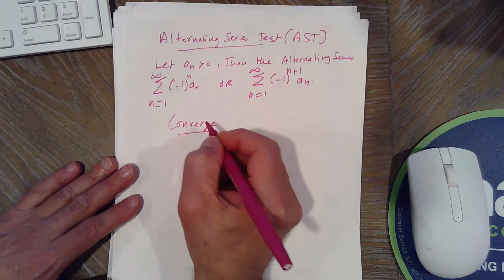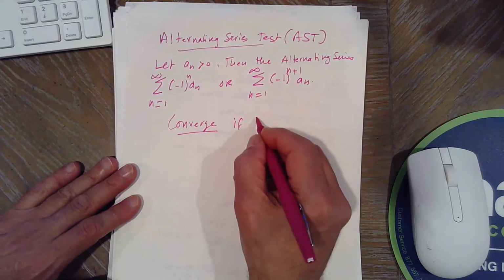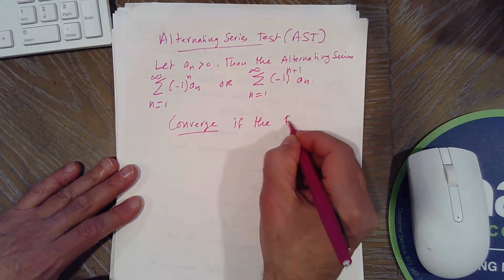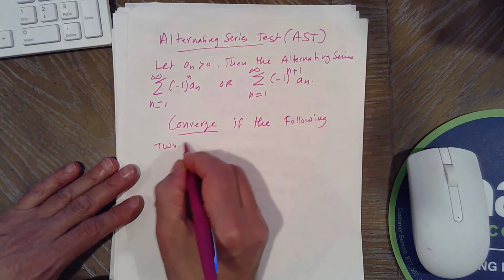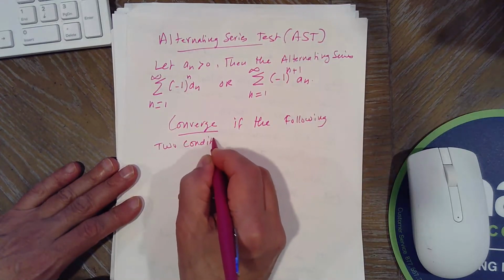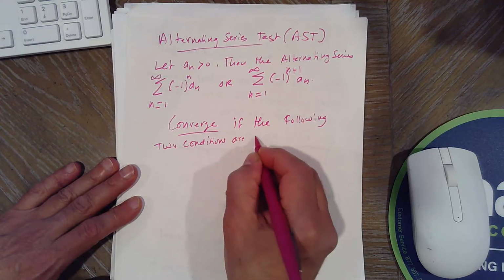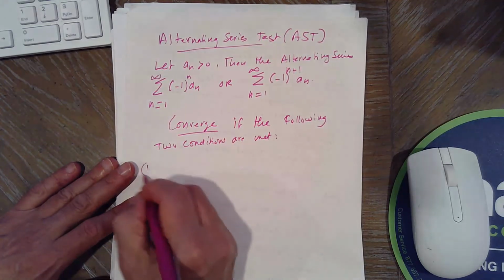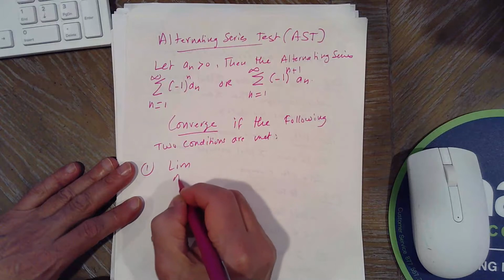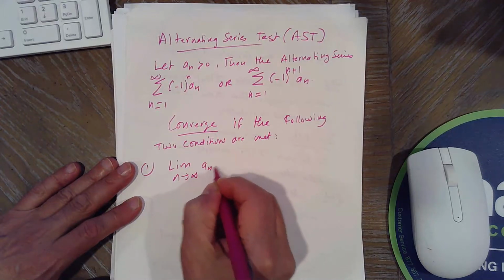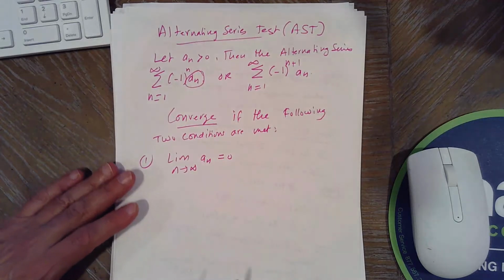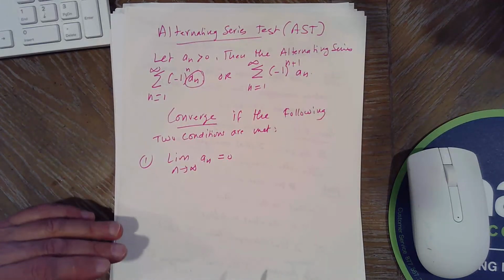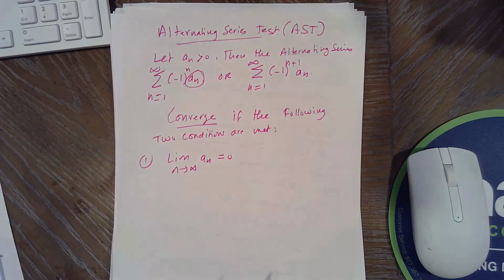So the alternating series will converge if the following two conditions are met. If you take the limit as n goes to infinity of a_n and you get 0, so you take this term, you find its limit as n goes to infinity, and you get 0.